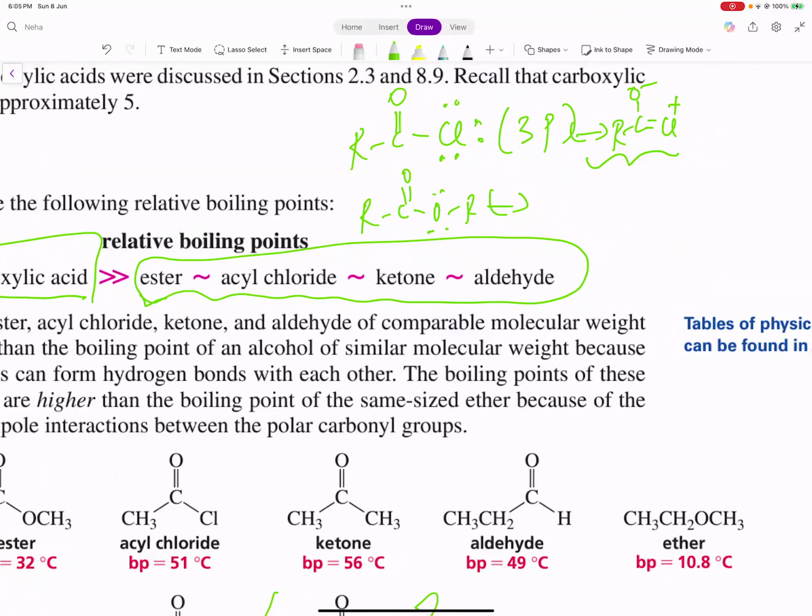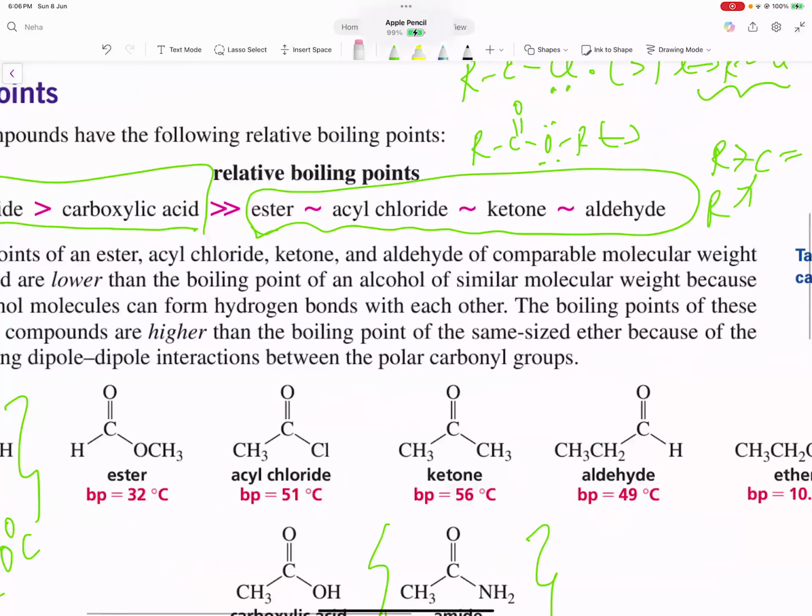In the ketone and aldehyde, there is no resonance. So ketone is higher than aldehyde because there are two alkyl groups in ketone, so they are going to donate. And in the case of aldehyde, the molar mass is going to be higher in the first case, so it is going to win from there only actually.